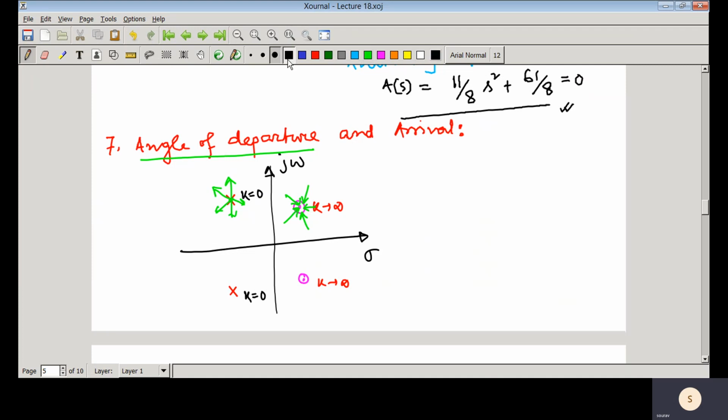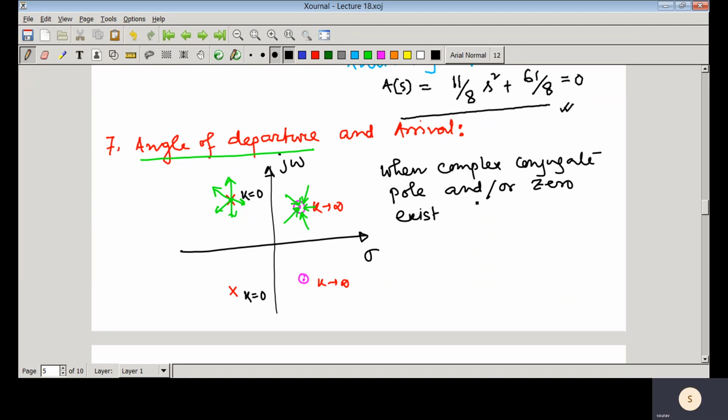When complex conjugate poles and or zeros exist, we need to find the angle of departure or arrival.